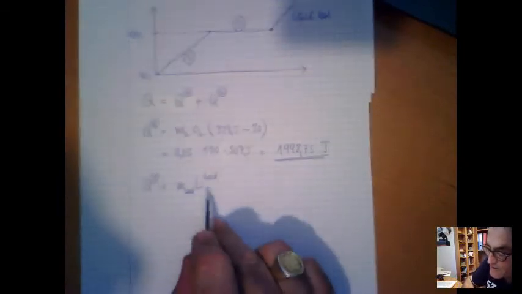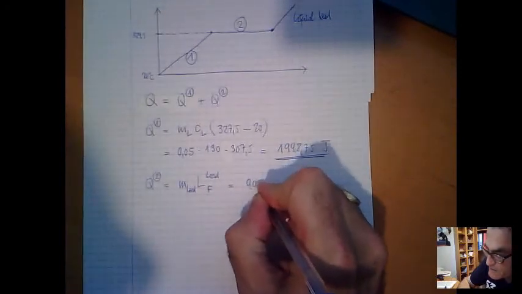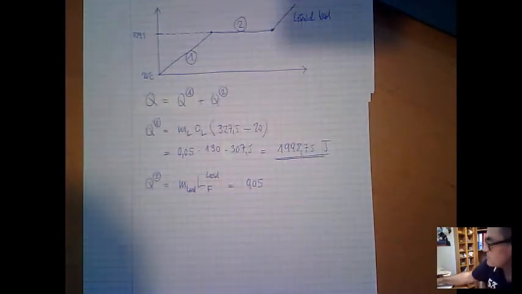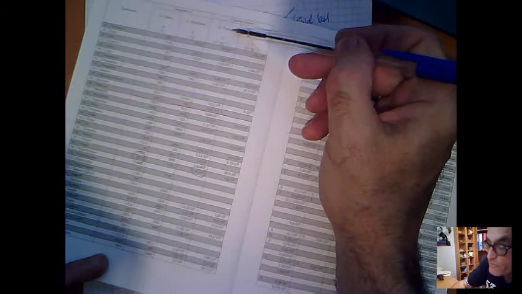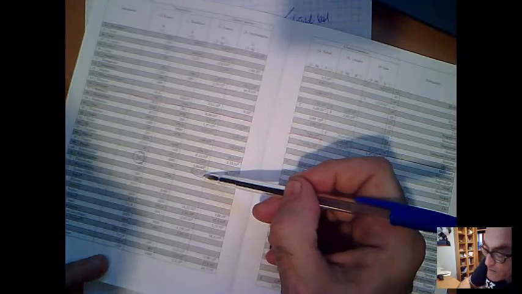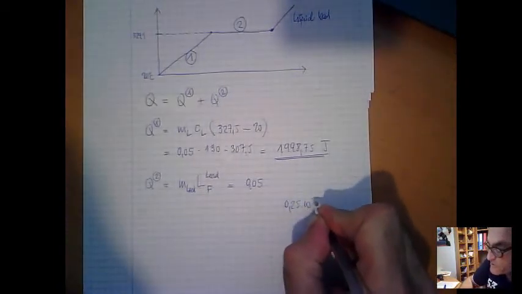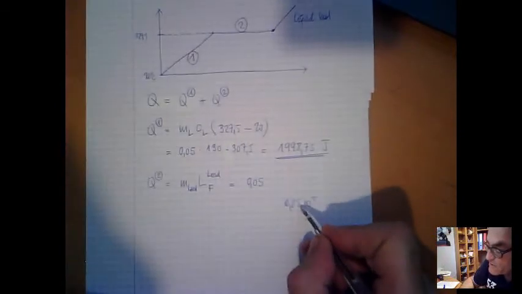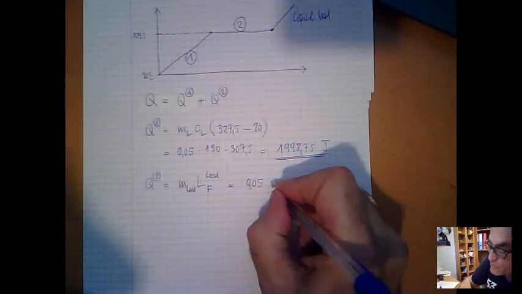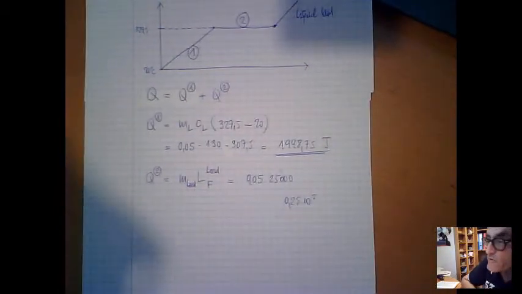The mass of the lead is 0.05, and the latent heat of the lead, you have it here. Choose the right column, not vaporization, fusion, and you have the value here, 0.25 times 10 to the 5. So it's 25 times 10 to the 3, so it's 25,000. You see that it's much lower than the value for the water.